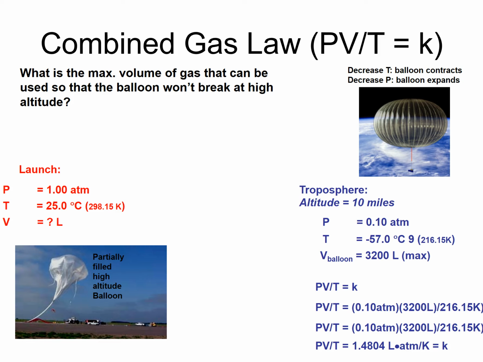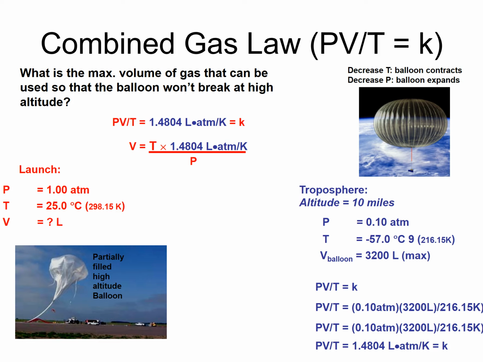Now, assuming that N doesn't change anywhere, assuming that no helium gas leaks out of the balloon as it rises up into the sky, then we're going to be able to use this PV over T constant way back at the launch. It should be the very same constant that we calculated in the troposphere. So, PV over T is equal to 1.4804 liter atmospheres per Kelvin.